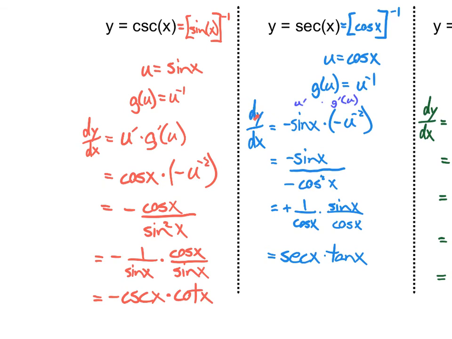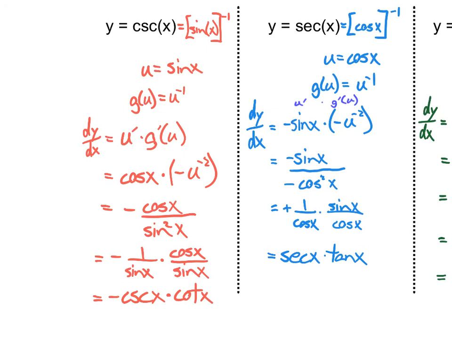The derivative of cosine is the negative sine. The derivative of something to the negative 1 is negative 1 times something to the negative 2. And now I'm just plugging in the cosine again, and that's a negative 1 over cosine squared. So that's where this came from. So again, the algebra you've got to be careful with here.